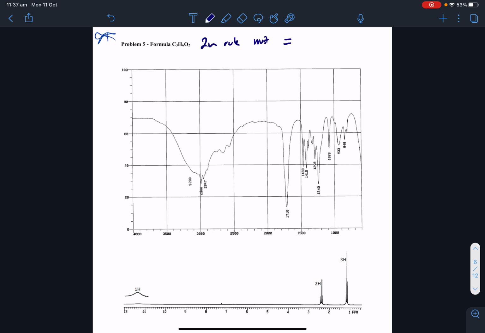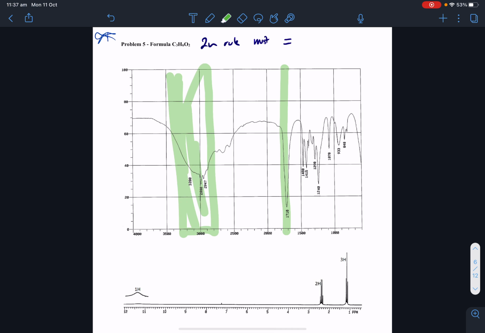Let's just jump down to the IR spectrum and have a look and see what it's telling us. Look at these regions here. Not only do we have a carbonyl, so that takes care of that potential double bond, we've also got this really wide alcohol peak.